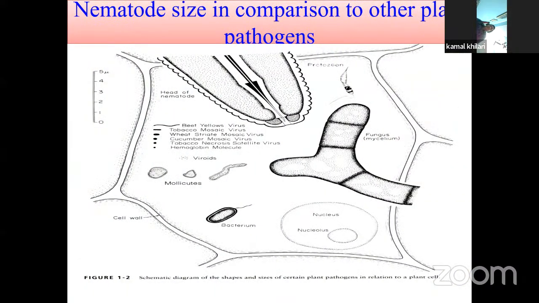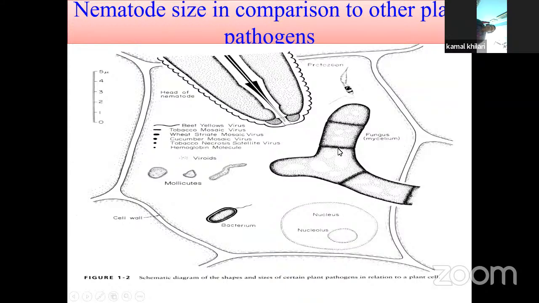And if we compare these nematodes with the other pathogens which cause disease or damage to the plant, in this slide, this is a plant cell, and I am showing the different pathogens causing damage to the plant.